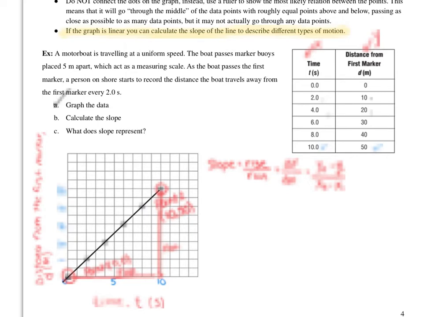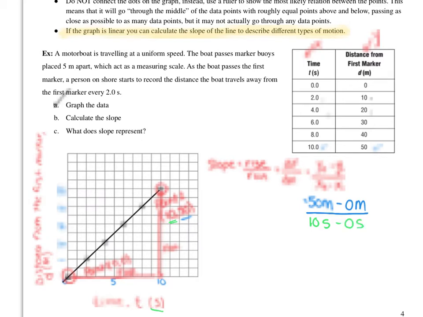All right, from there, we're just going to substitute in what we know for those coordinates. So y2, from point 2, the y value is 50, and the unit again is meters because we were measuring distance in the y. And we're going to subtract 0 meters because that's what we had for a y value here. Then divide by x2, which was 10 seconds because x was measured in seconds.